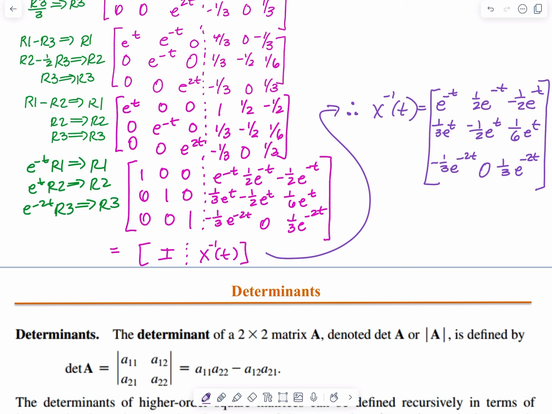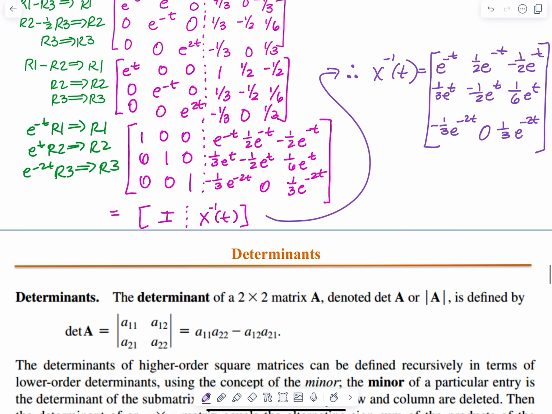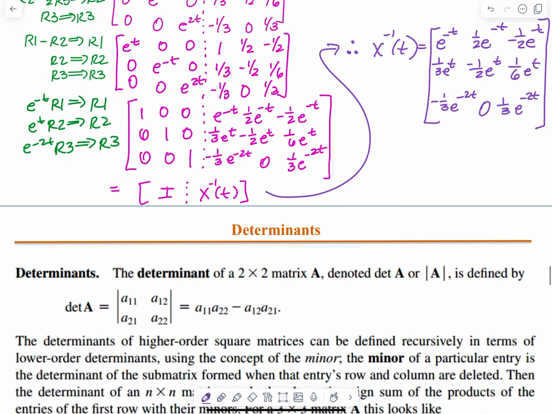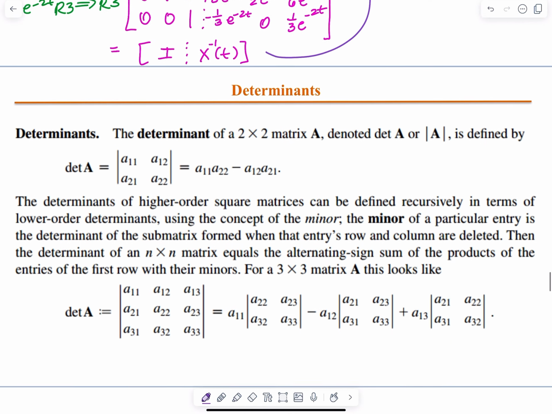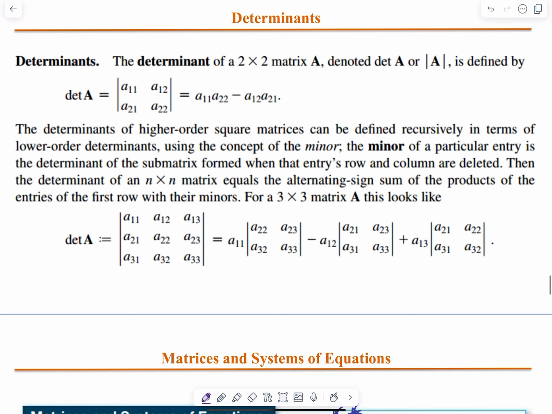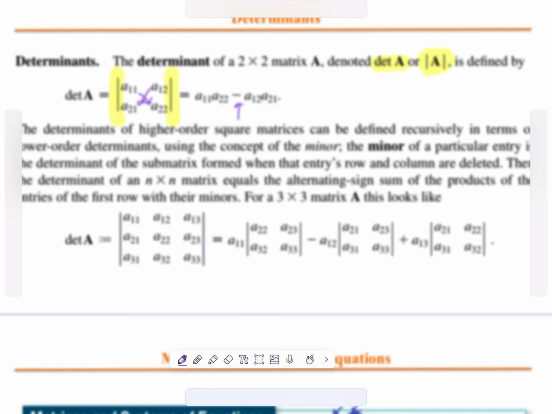Okay, now let's revisit. We sort of talked about determinants in the previous problem. The determinant of a 2x2 matrix is denoted det A, or you'll see two vertical lines on each side, just like we have here. We multiply across this diagonal and then subtract multiplying across that diagonal.